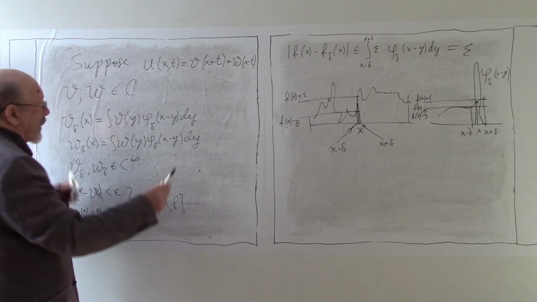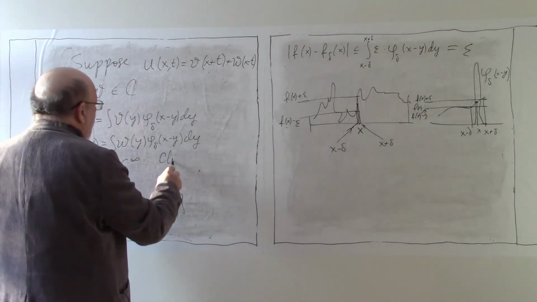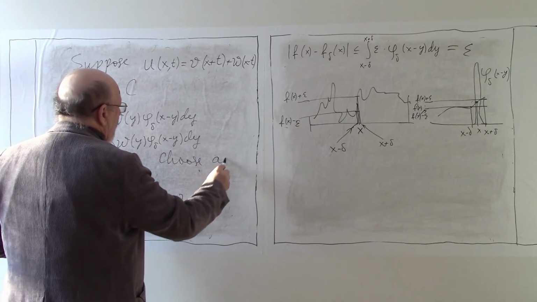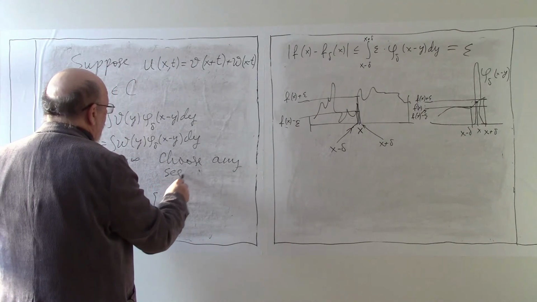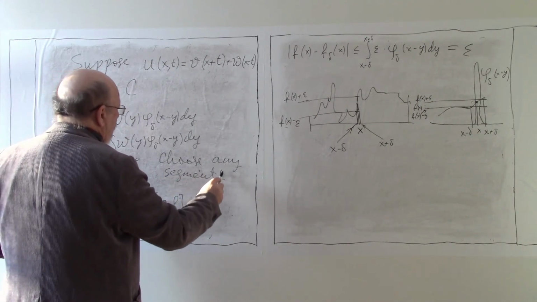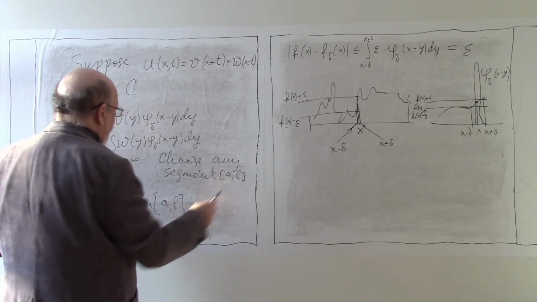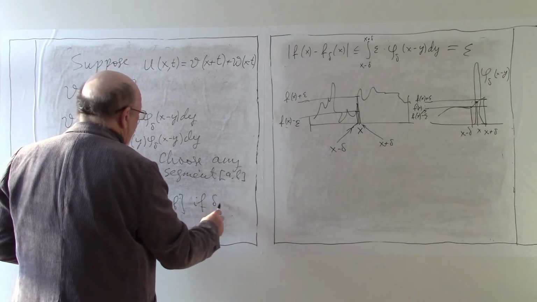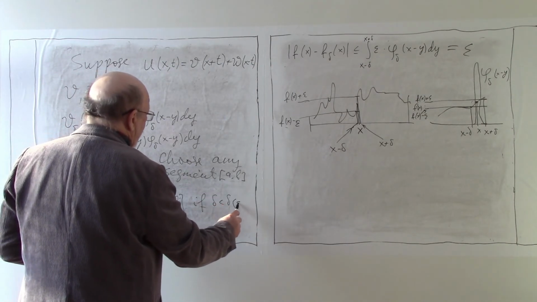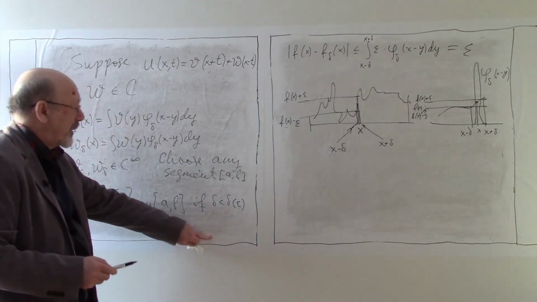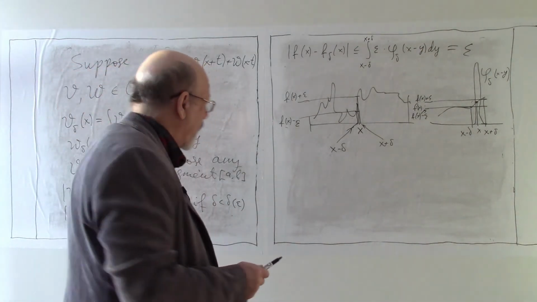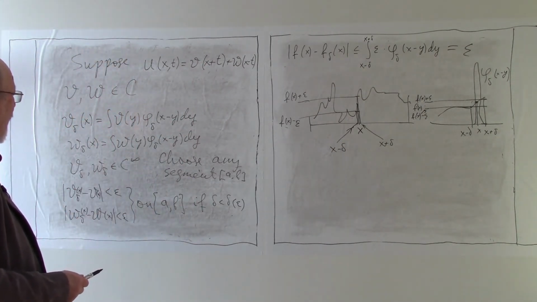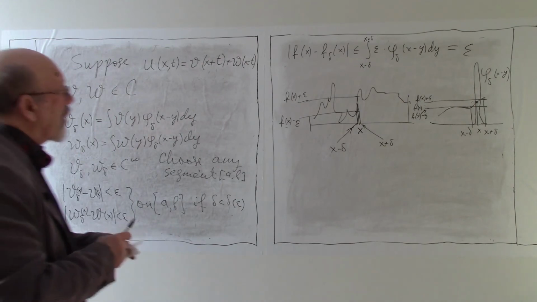So we first choose any segment AB, then if delta is less than delta(epsilon), where delta(epsilon) is some function which goes to 0 together with epsilon, if v and w are continuous functions. Yes?